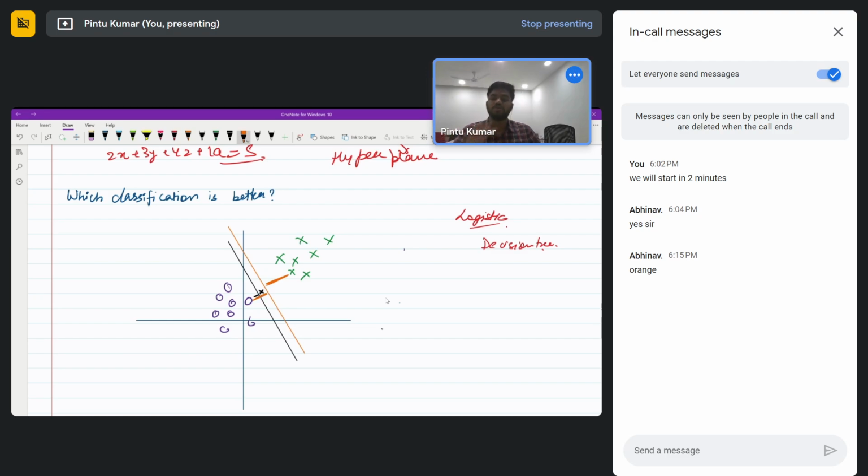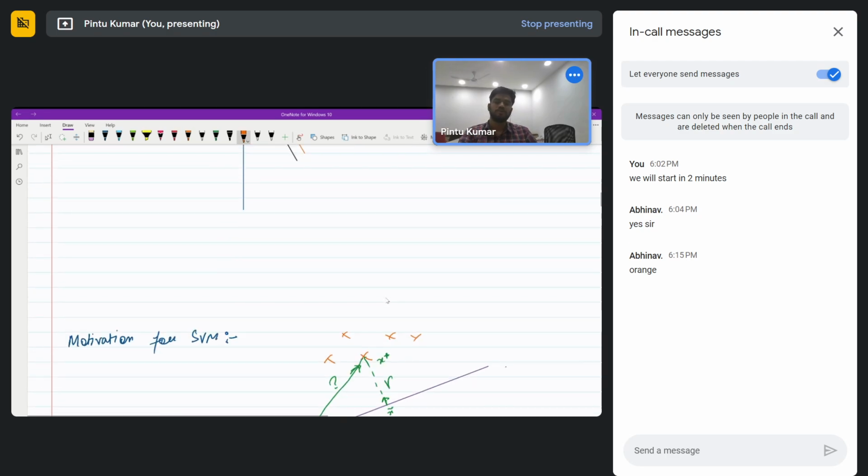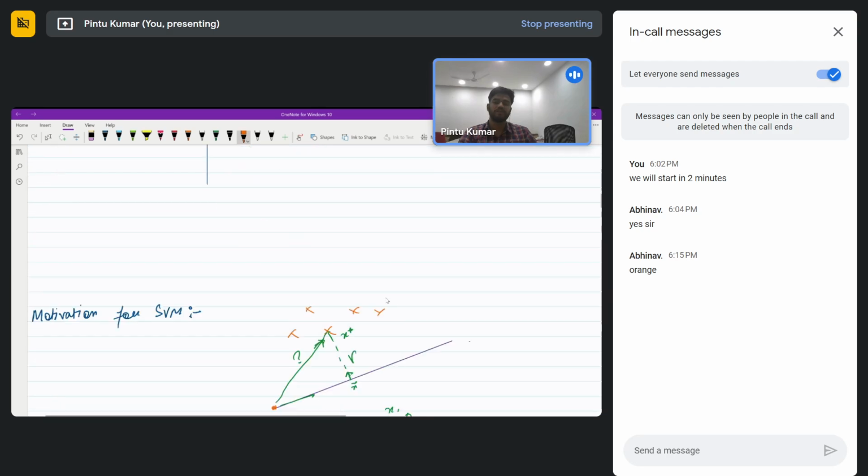So the idea behind SVM is that you want to maximize the sum of these two distances. So let's say this is D L dash. You want to find a separating hyperplane such that this distance is maximized. So this is the motivation behind SVM.